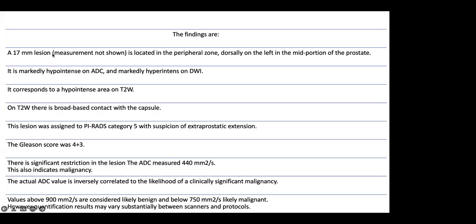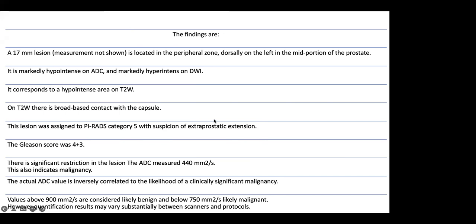So I think this lesion was biopsied, and the measurement of this lesion was 17 millimeters, making it a PI-RADS 5 lesion, and the biopsy turned out to be a prostatic cancer lesion, and the biopsy confirmed extraprostatic extension as well. The Gleason score was 4+3, and like I said, we need to look at these peripheral lesions.